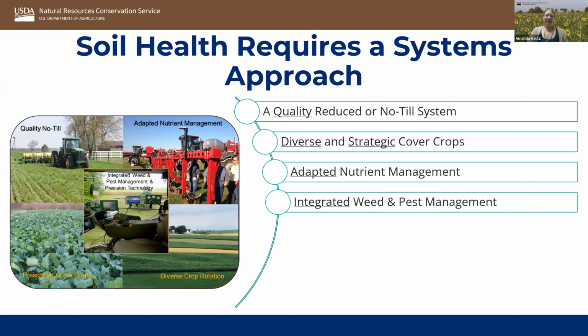So weed and pest management, we call it integrated weed and pest management. Really, this depends a lot on scouting. So we need to make sure we know what's out there and we're checking things. We also need to know our economic threshold levels for our crops so that we know, hey, is this pest really bad enough that I need to do a treatment, or am I not going to lose a lot and I'd rather keep that soil food web functioning and keep from applying something?